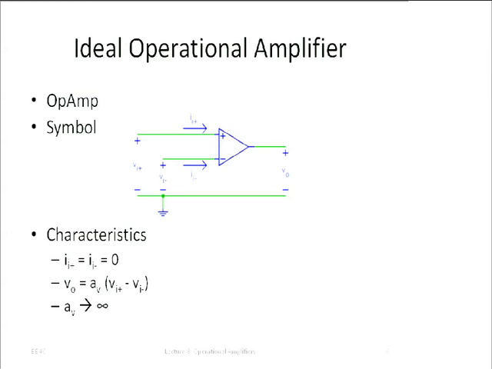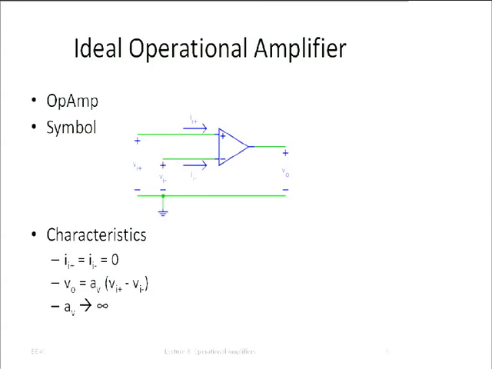Okay? Then the output voltage, V out, the operational amplifier computes by taking the difference between the two inputs that it calls plus and minus, right? And multiplying that with, say, gain AV. Okay? That's how it computes the output voltage. Totally mathematical thing, so maybe that's why it's called operational amplifier.